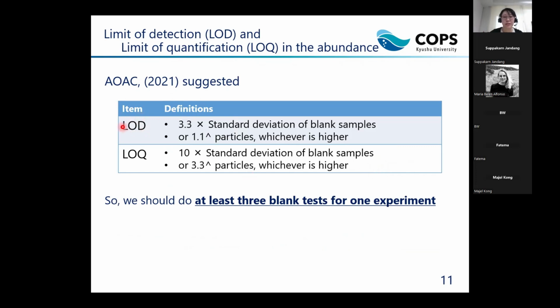In the case of the limit of detection, it is 3.3 times the standard deviation of the blank samples; if you find a particle larger than this value, you can accept the particle abundance. And in the case of LOQ, it is 10 times the standard deviation of the blank samples, and you can accept the particle abundance from the sample. So according to this suggestion, we need to do blank tests at least 3 times for one research.